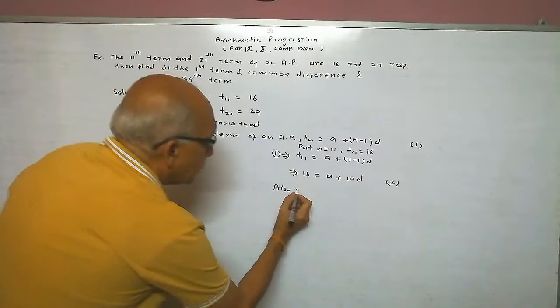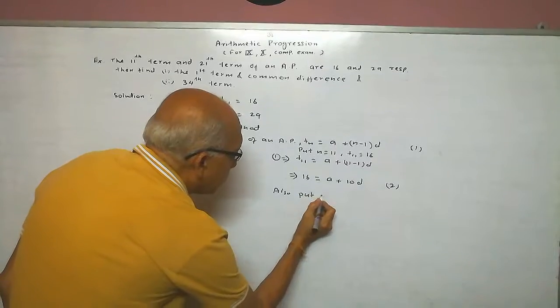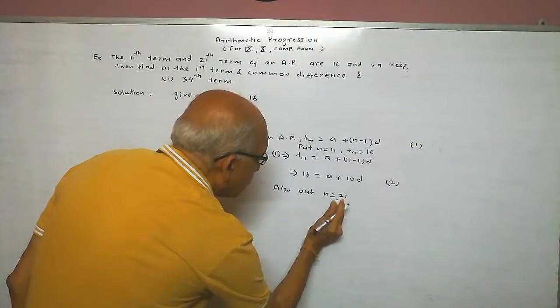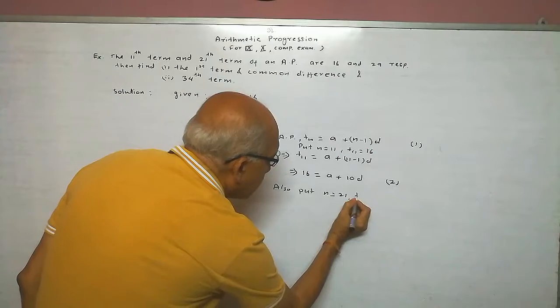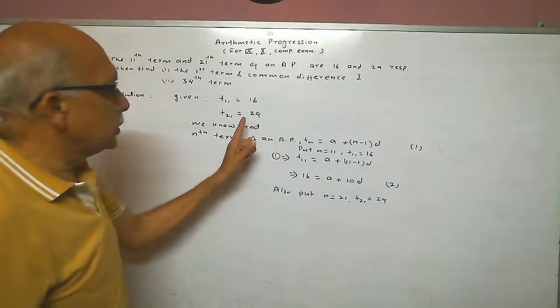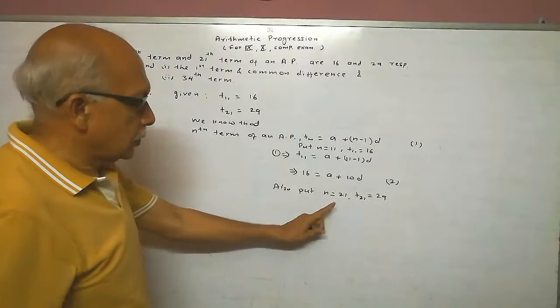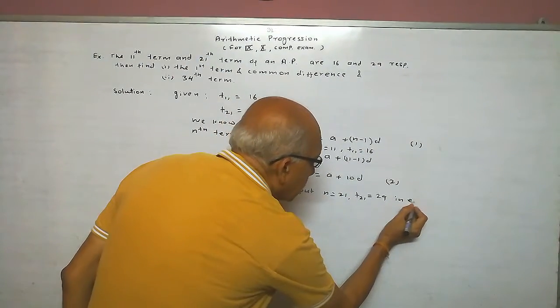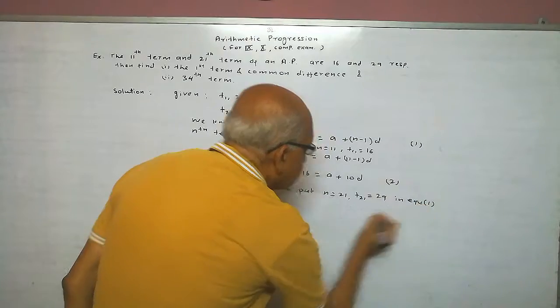Also put n equal to 21 and T21 equal to 29. Now we are using the second given. Substitute this again in equation 1.